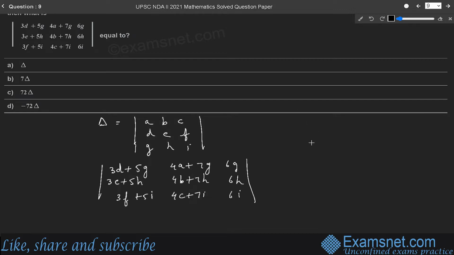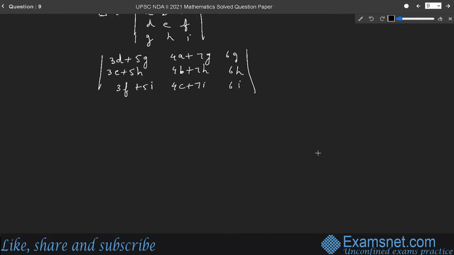So, it can be further written as 6 into the determinant with 3D plus 5G, 4A plus 7G and G. You can see that in the third column, 6 is common. So, we have taken 6 common here.